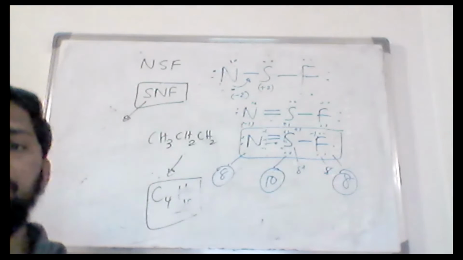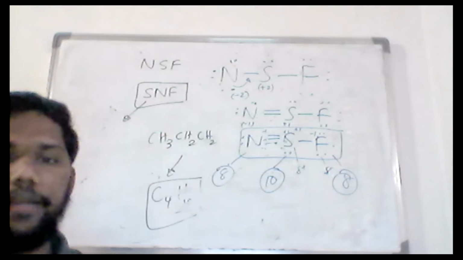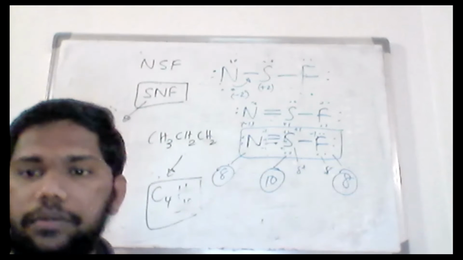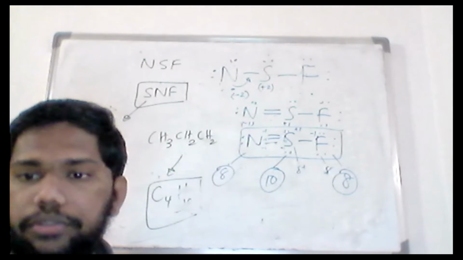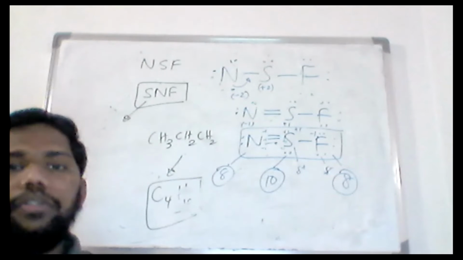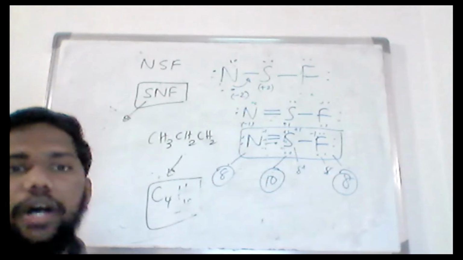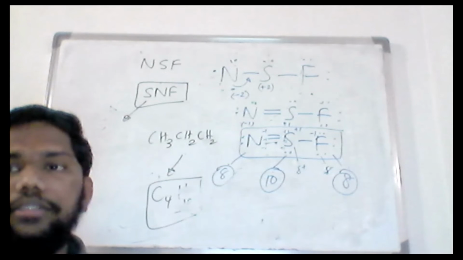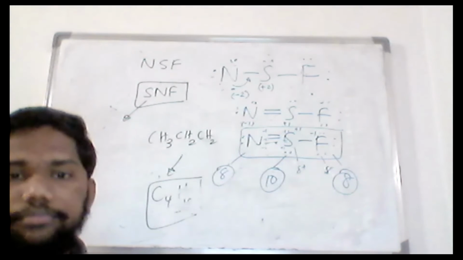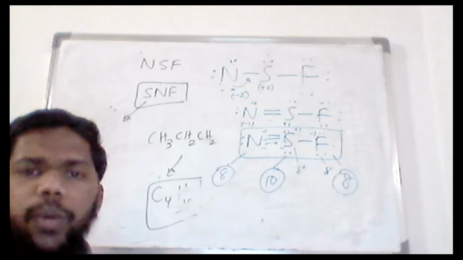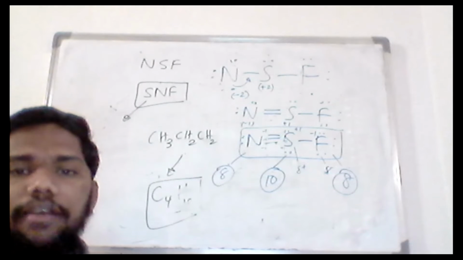Straightforward question. You can use the chat box for that. So I will see the chat box. Can you tell why sulfur can accommodate 10 electrons, while nitrogen and fluorine have 8 electrons?